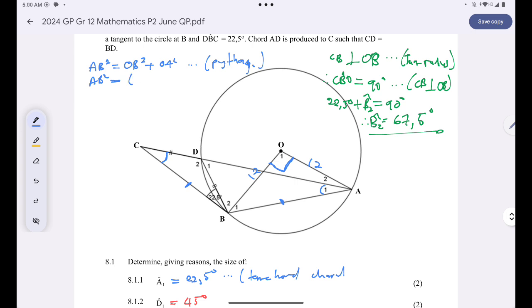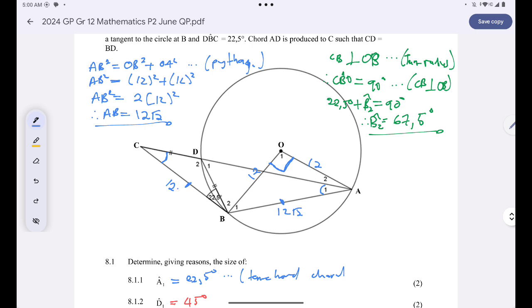What is OB? OB is 12 units plus another 12 units, squared. So AB squared will give us 2 times 12 squared. Therefore AB, just put the square root on both sides. I'll get 12 multiplied by root 2. So the length of AB is 12 times root 2.